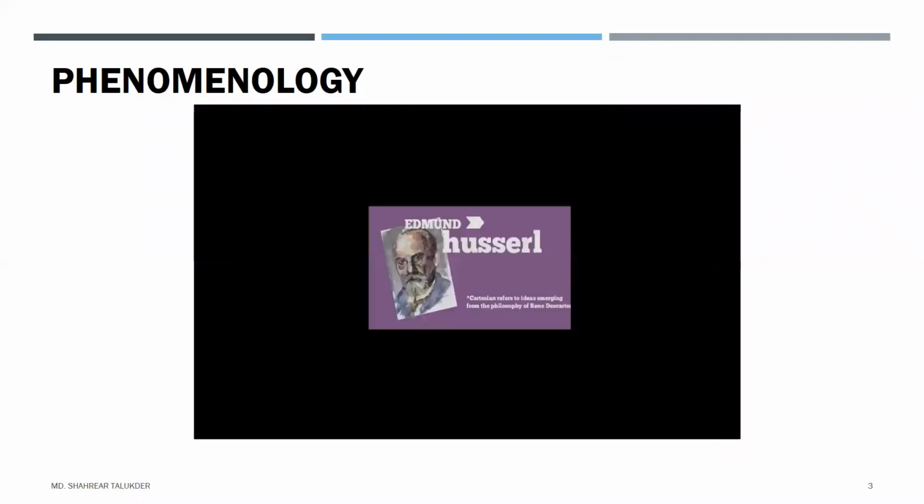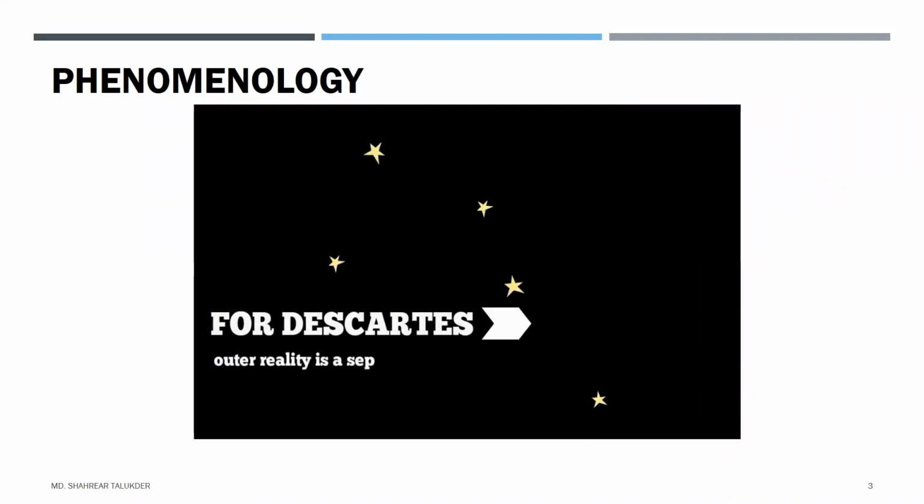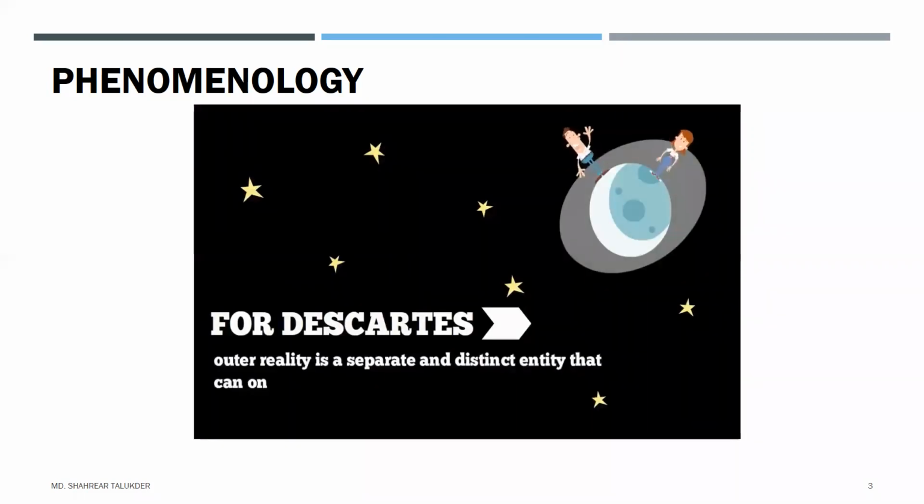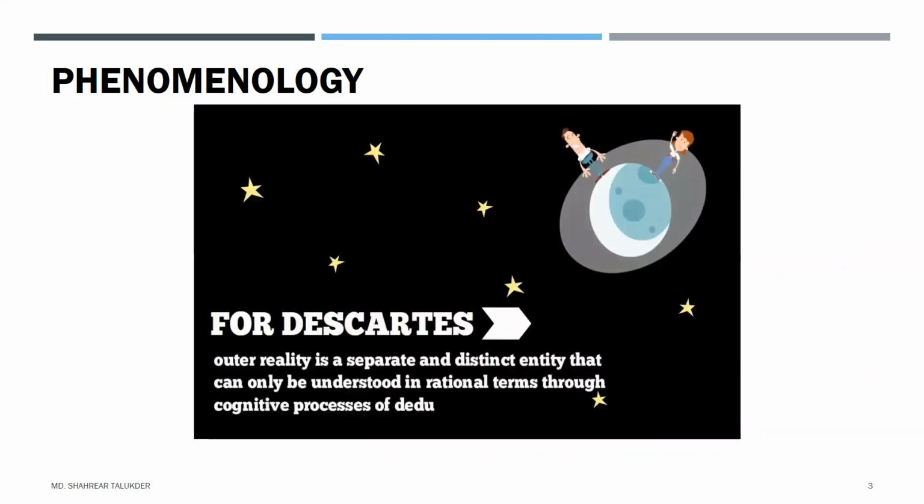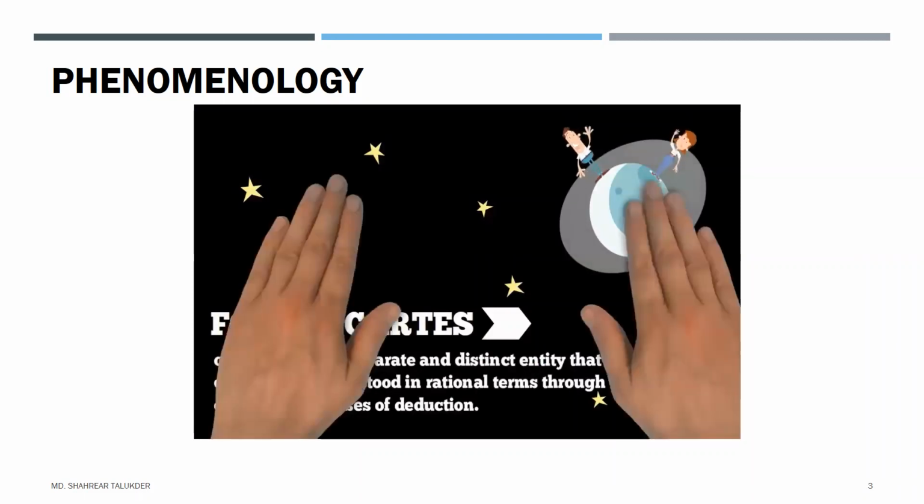Following the Cartesian principle, outer reality is a separate and distinct entity that can only be understood in rational terms through cognitive processes of deduction. Sense perception was thought to distort this process, and certainly emotions were considered a lower form of experience emanating from the recesses of the body.